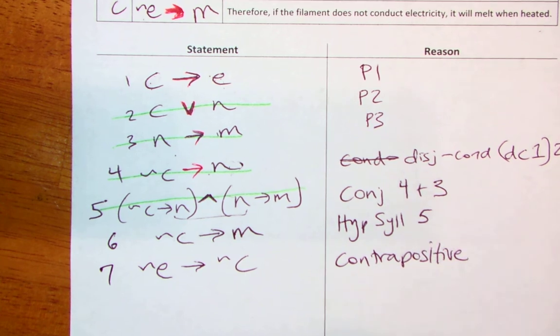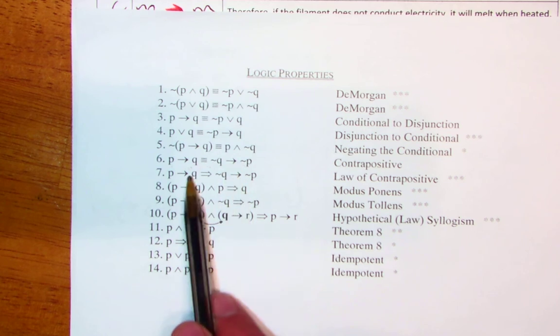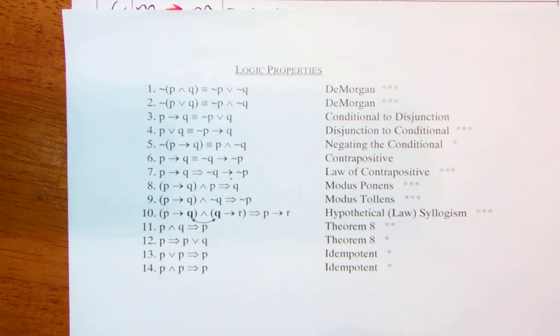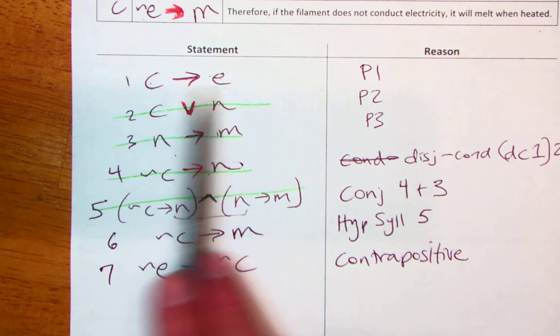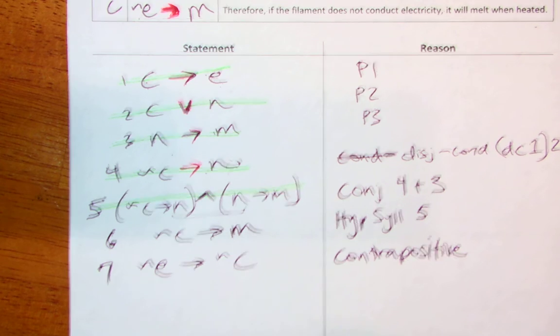Again, you can see this on your cheat sheet. We have the contrapositive, which are equal to each other or imply each other, in which they are flipped and negated. So I simply flipped and negated statement 1, premise 1, which I'm now done with.